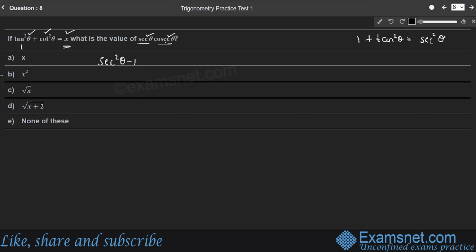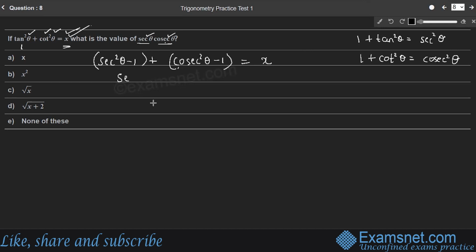Therefore, we can write tan square theta as secant square theta minus 1. So in the given equation, tan square theta can be written as secant square theta minus 1 plus, how do you write cot square theta in terms of cosecant square theta? 1 plus cot square theta is equal to cosecant square theta. Therefore, cot square theta can be written as cosecant square theta minus 1, is equal to x, which is already given.